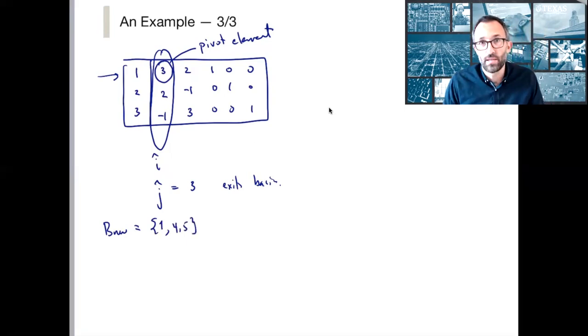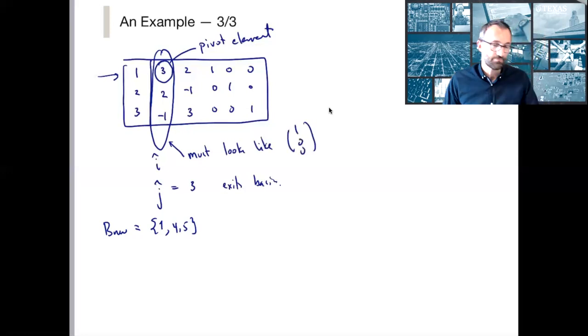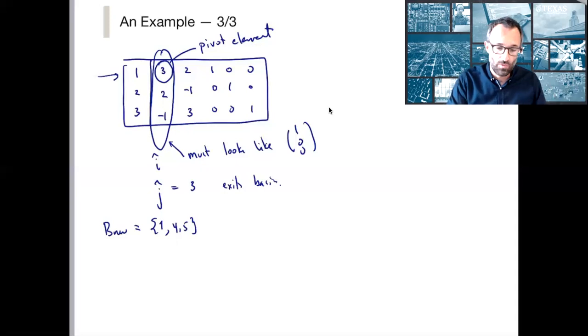And now, what do I need to do? I need to do basic row operations so that this column now must look like 1, 0, 0. I'm only really doing row operations. I'm allowed to divide the row and multiply the row. So I can multiply it by any non-zero constant, and then I can add multiples of the row. So we can see what's going to happen here.